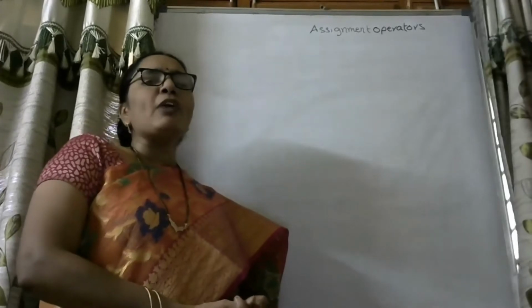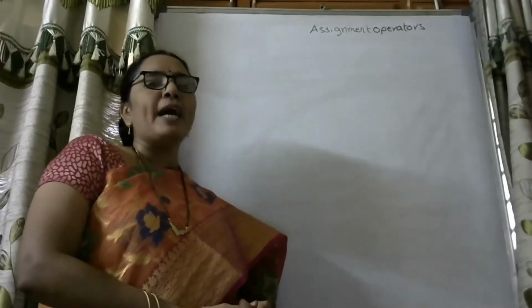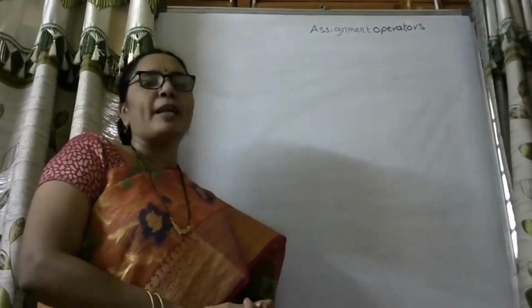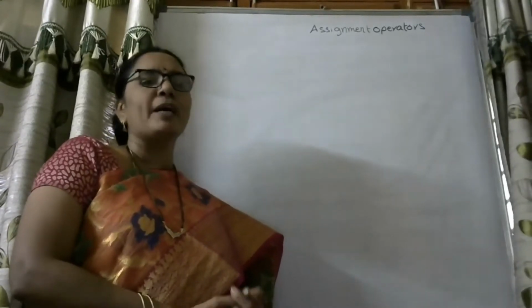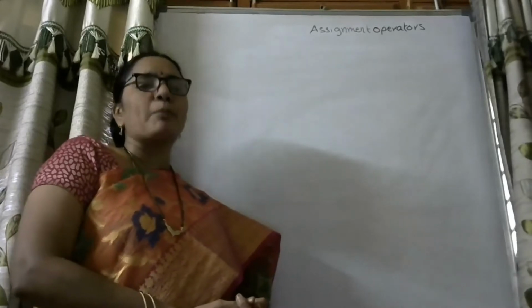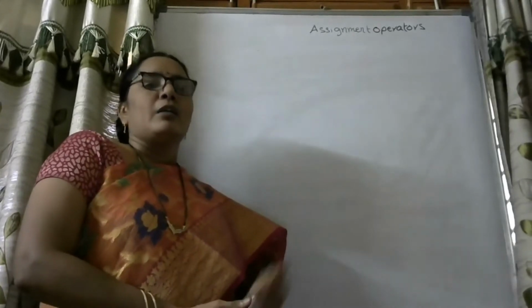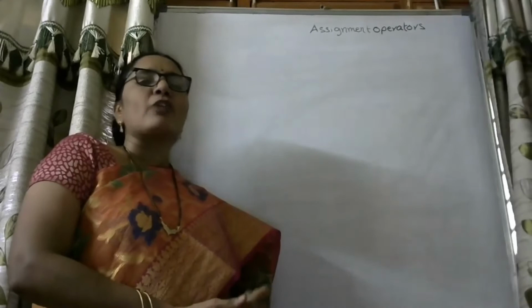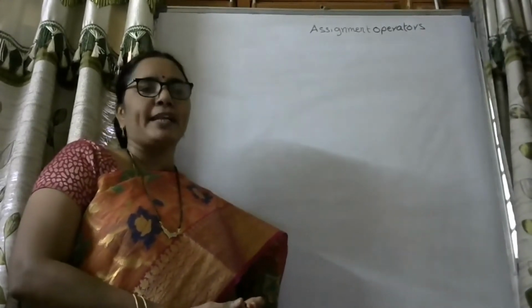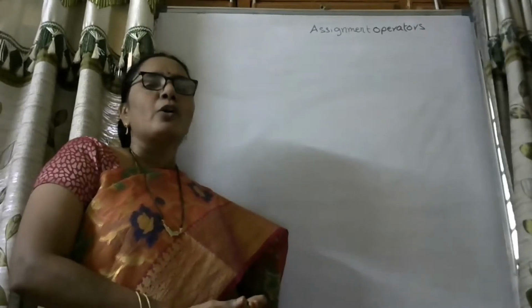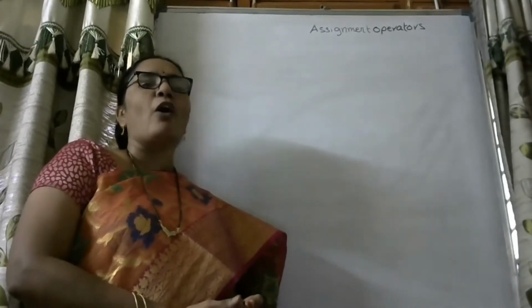The arithmetic operators can be combined with the assignment operators to form the shorthand operators. You also can combine the other operators also. For simplicity, I am stopping at this point. We can combine the arithmetic operators with your assignment operators to form the shorthand operator.